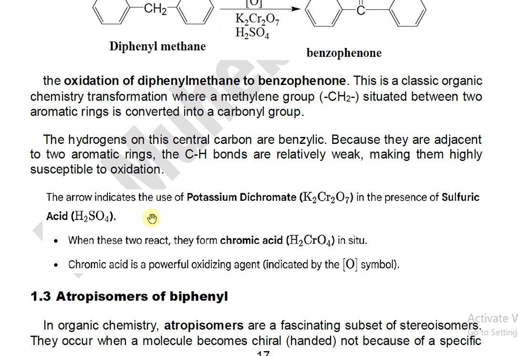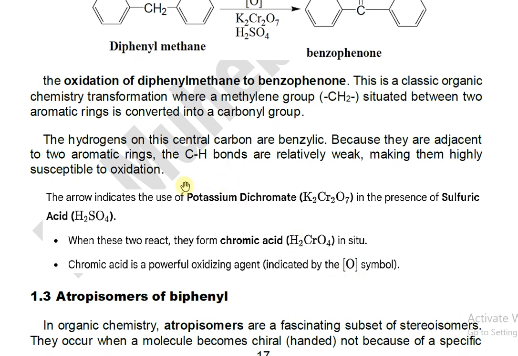Okay, so the reagent here, I explained for you, is potassium dichromate, K2Cr2O7. Also chromic acid, H2CrO4, a powerful oxidizing agent, indicated by the symbol for the oxidation process.